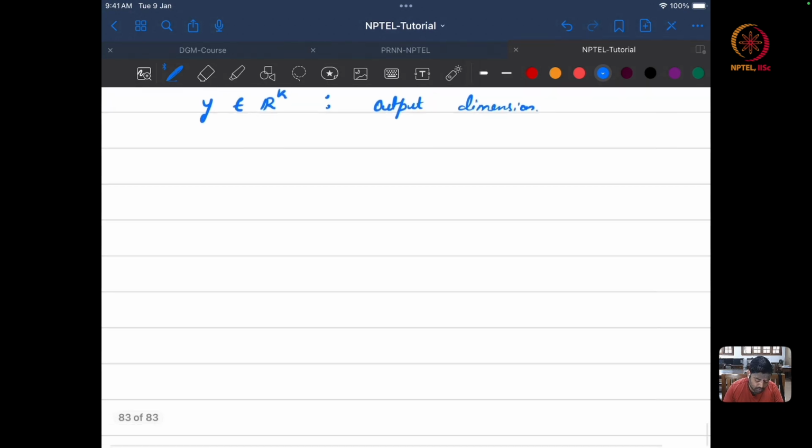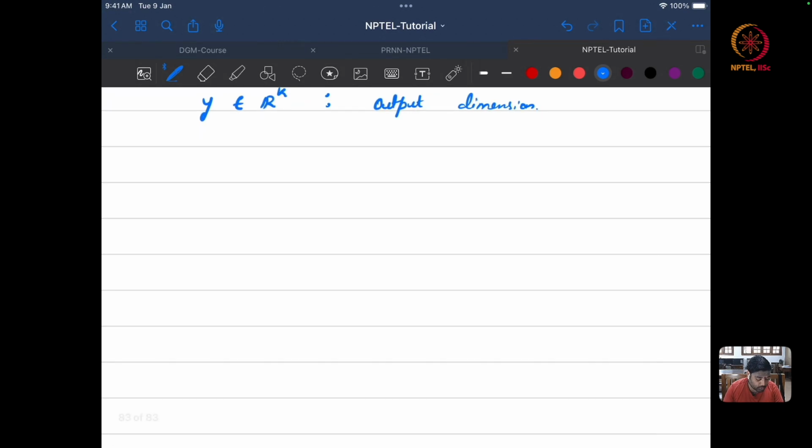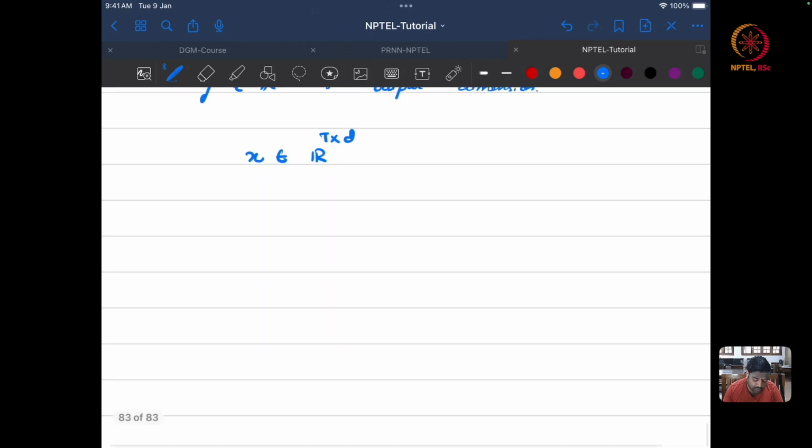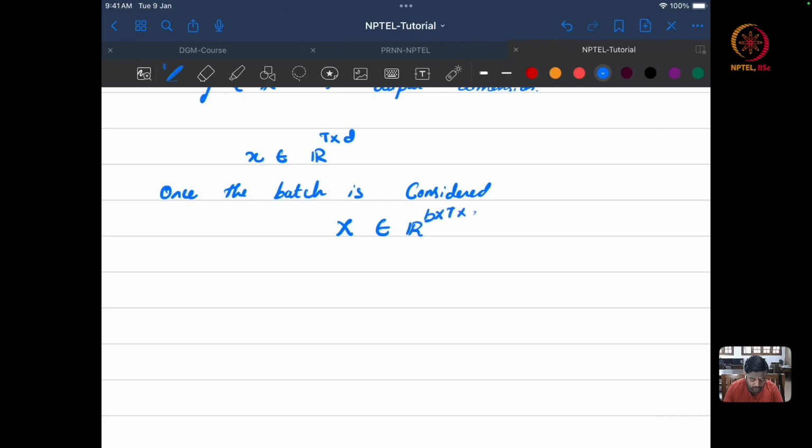Now if you put all these x together, the whole x will be a matrix which is T cross D. You have a T length sequence, and each element is of dimension D. And once the batch is considered, I represent it as X, that belongs to R^{B cross T cross D}.